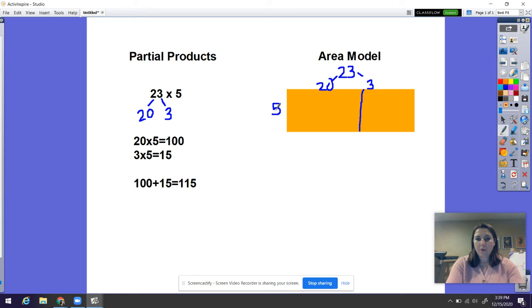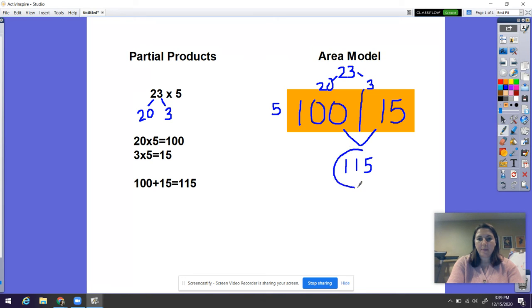That way kids can multiply 5 times 20, and the area of this part of the shape is 100, and the area of this part of the shape, 5 times 3, is only 15. And then we can take those partial areas and add them back to get our total area.